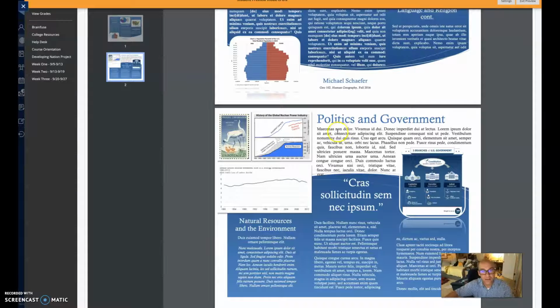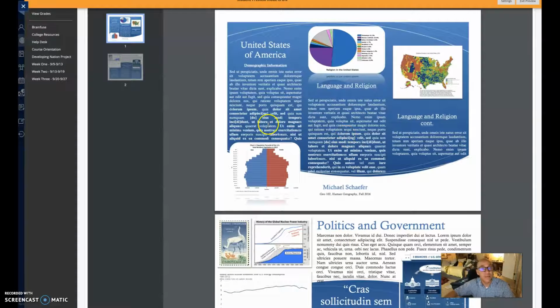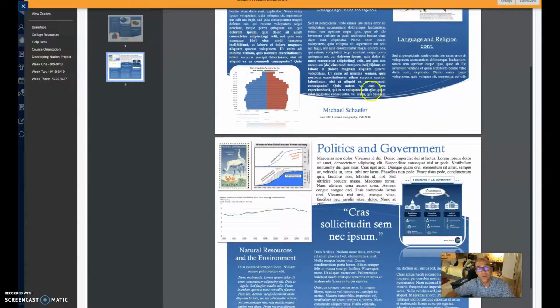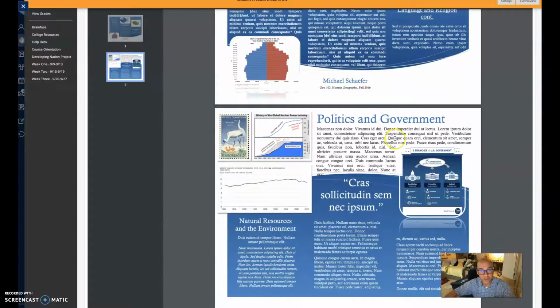In addition to that, I would like you to have a graphic with every single topic. For example, demographics, I picked a population pyramid. Language and religion, pie chart, sort of what the U.S. religious makeup is, and then a map about language families in the U.S. Looking down here, politics and government, I have an infographic of our 3 branches of our federal government.